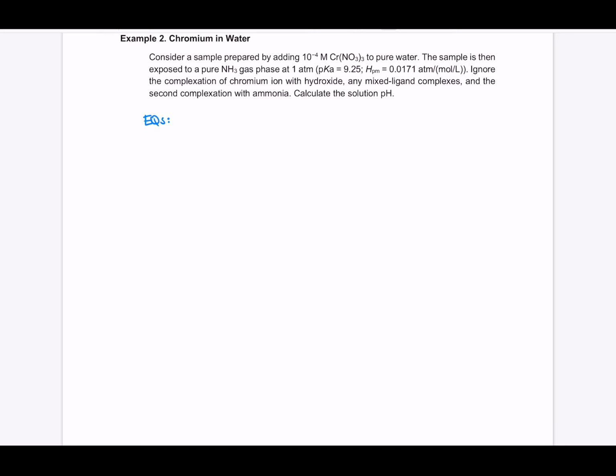When you have ammonia in the gas phase, from chapter 2, we know that it equilibrates with the aqueous phase. And basically the Henry's constant represents this equilibrium. KH is given. So the expression is basically the partial pressure of ammonia in the gas phase and then ammonia in the aqueous phase.